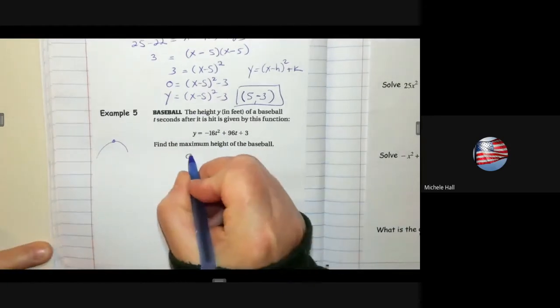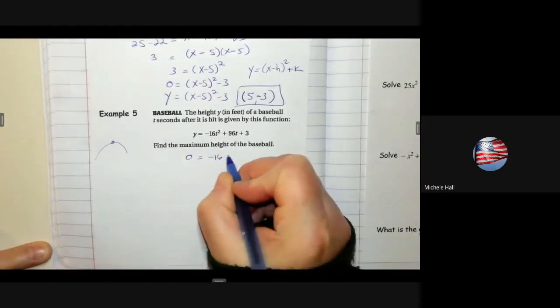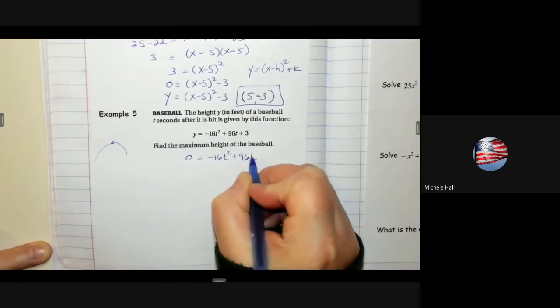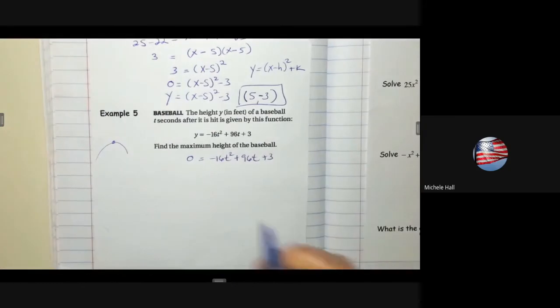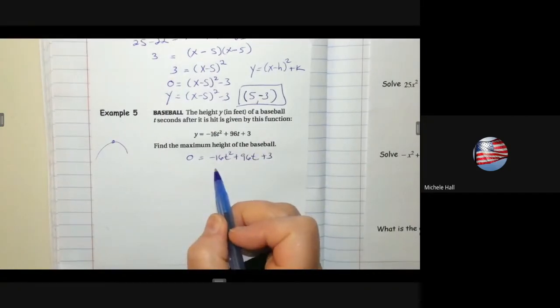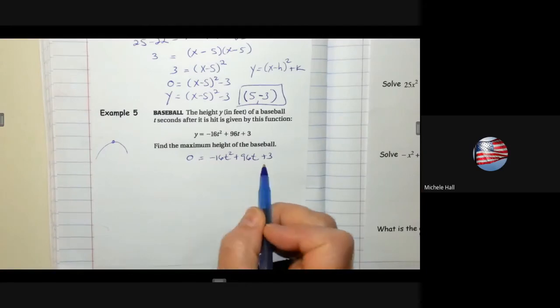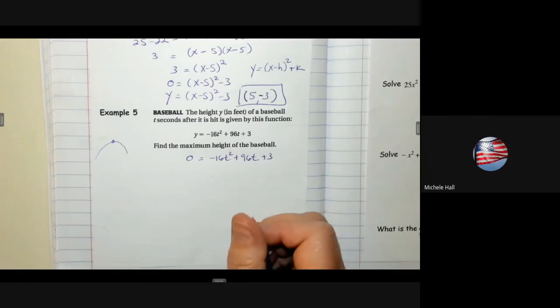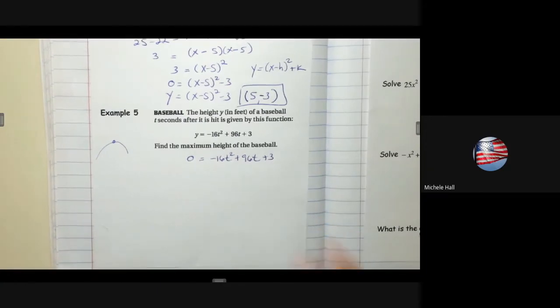We have 0 equals negative 16t squared plus 96t plus 3. I see that a is not by itself. I also see that when I divide by negative 16, it's not going to work out evenly with this 3. So I would like to show you a little bit more of a technique.